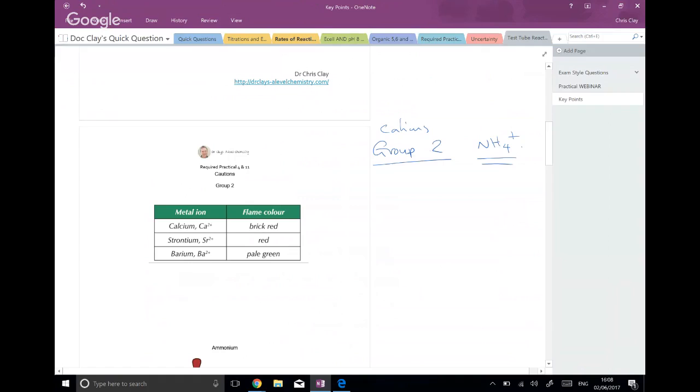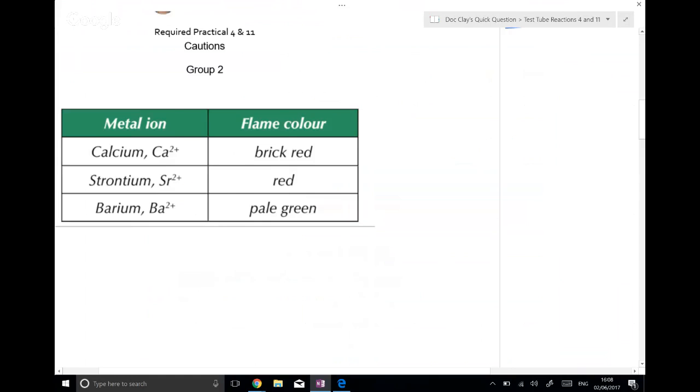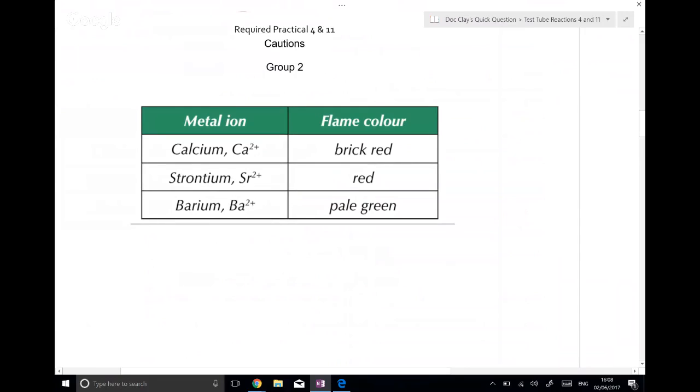There are 2 ways, essentially, of testing for the group 2 metal cations. Now, the first isn't really a test tube reaction. This way of doing it is using a flame test. In order to do the flame test, you might remember from your GCSEs, you dip nichrome wire in hydrochloric acid.